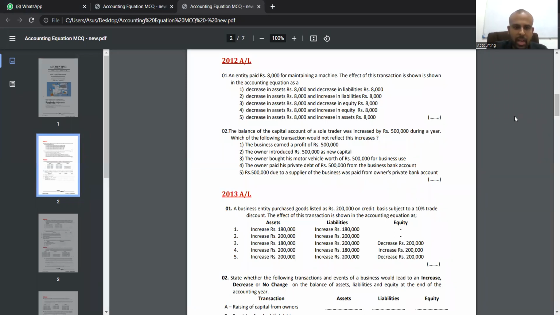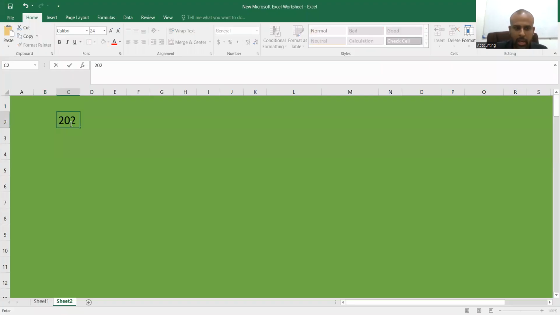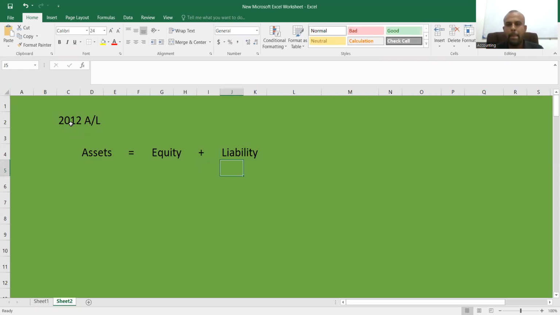Putha, what is the basic accounting equation? This was a 2012 A-level paper. Basic accounting equation is assets equal equity plus liability. Right. Could you tell me what's the answer here?